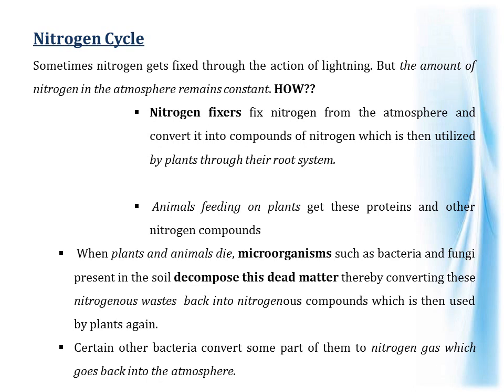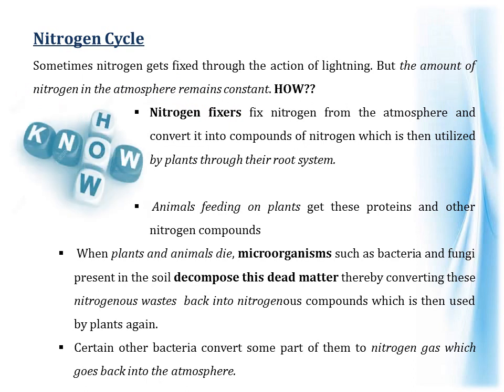So even though the nitrogen is fixed through lightning or through nitrogen fixers, the amount of nitrogen in the atmosphere always remains constant. How is that possible? The nitrogen fixers fix the nitrogen from the atmosphere and convert it into compounds of nitrogen, which are then utilized by plants through their root system. Animals which feed on these plants get these proteins and other nitrogen compounds.